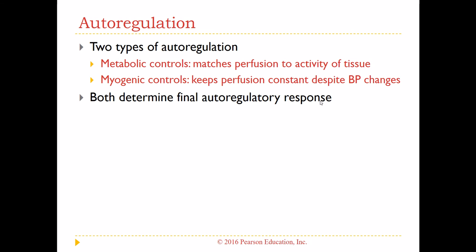The myogenic, myo means muscle, are more about keeping perfusion to the specific organ at a relatively constant level, despite external changes, external at least to the specific organ, changes in the blood pressure. And both of these play a role, and they work hand in hand together to result in the final response.